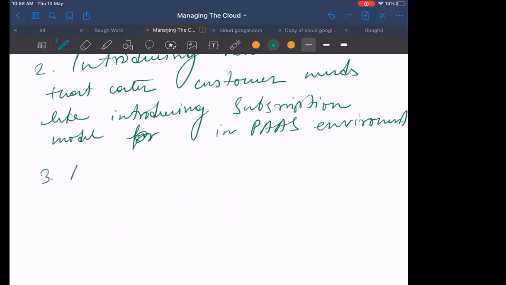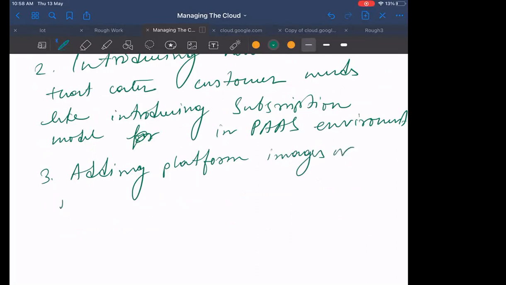Next is adding platform images or pre-configured images with pre-packaged platforms.